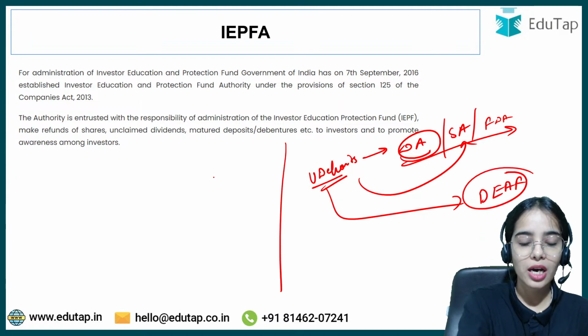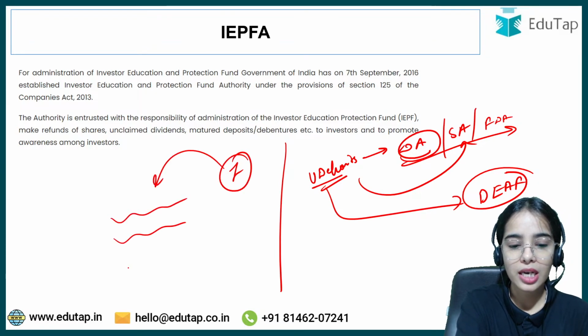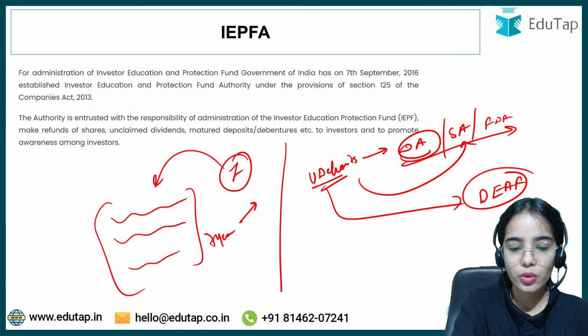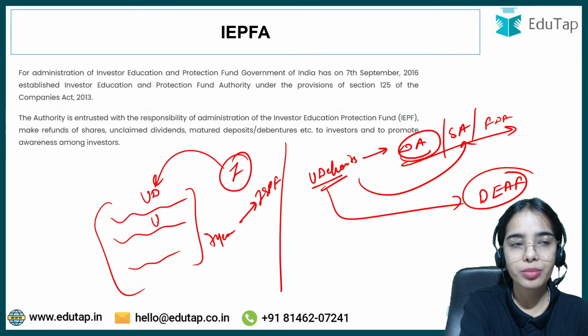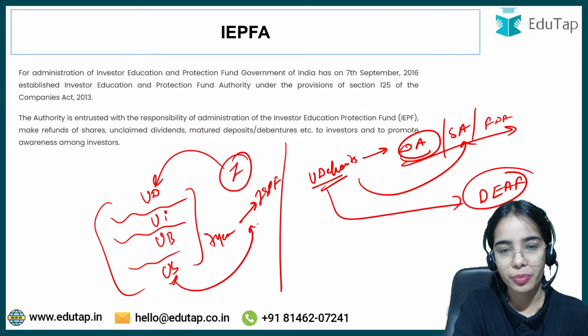But if there is money of the investors held by companies that is unclaimed for 7 years, that goes to the Investor Education and Protection Fund. Unclaimed dividend, unclaimed interest of the bonds, unclaimed maturity amount of the bonds, unclaimed shares and such go to the Investor Education and Protection Fund.